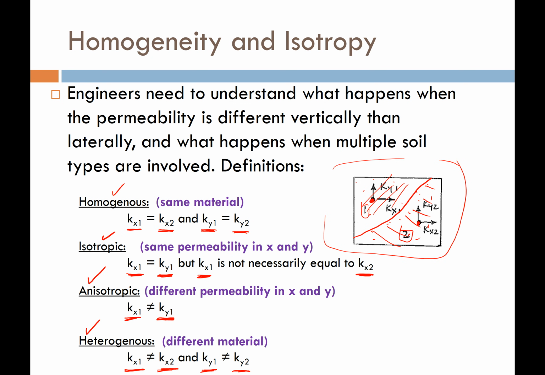They're two different materials. So we'll often hear geotechnical engineers use these descriptors: anisotropic, isotropic, heterogeneous, homogeneous. We need to understand what they mean. So I challenge you to practice a little bit with these terms and quiz yourself to see if you can understand what they mean.